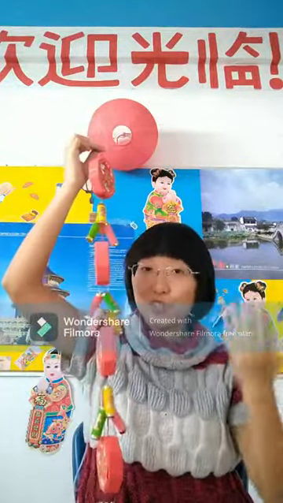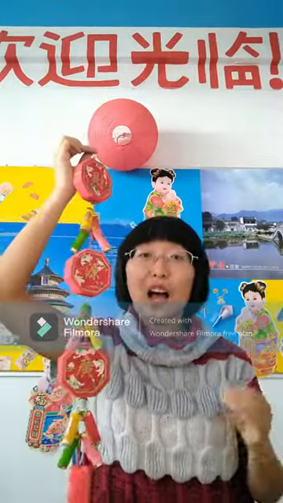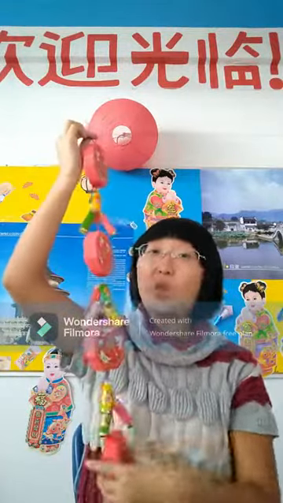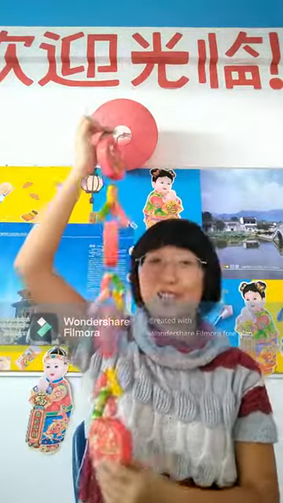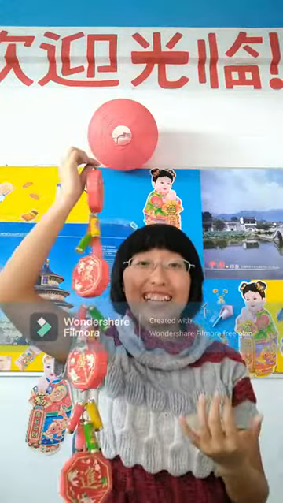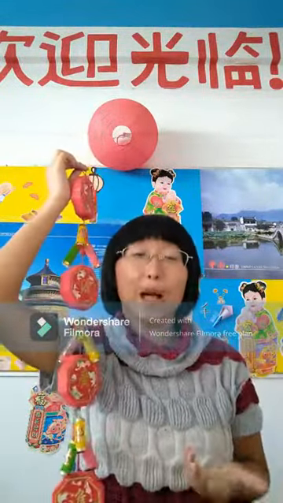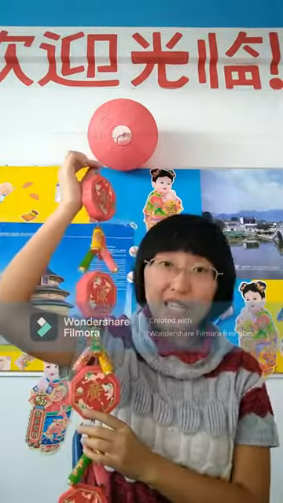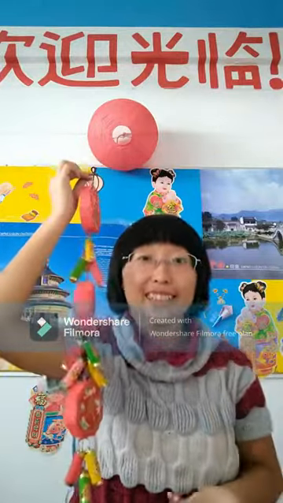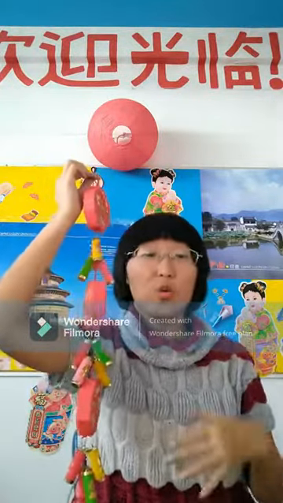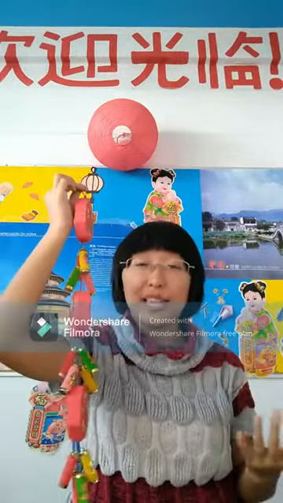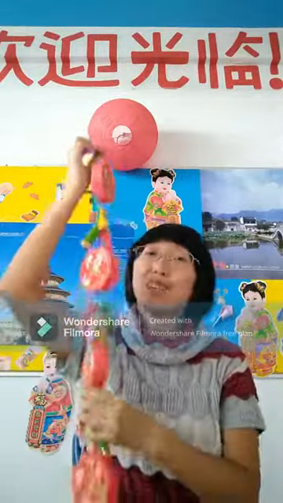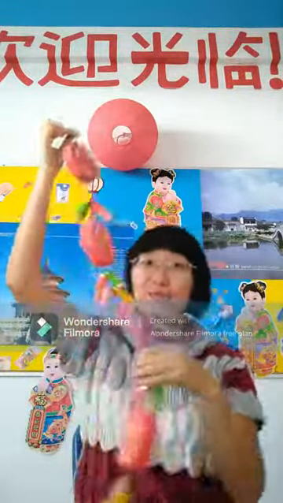So the students will know the traditional way we celebrate Chinese New Year using real Chinese firecrackers, but also that now it's forbidden in China and it's a good thing for everyone. We won't have the noise, we won't have any smoke. We want to protect our earth, so we use this fake one.